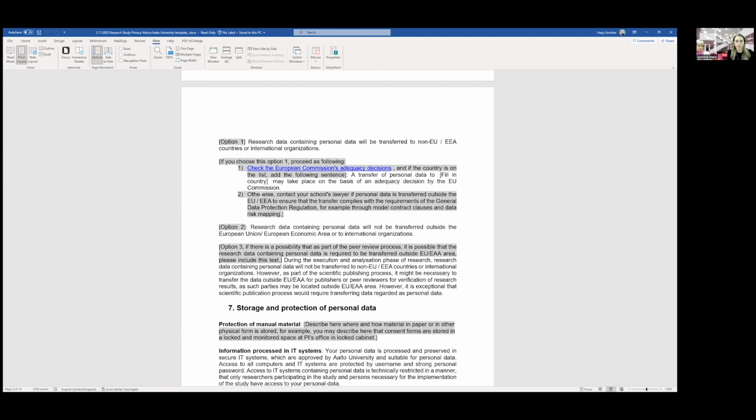And it's also a really good idea to pay attention to the participant documents, just to make sure that the transfer is documented in a good way.